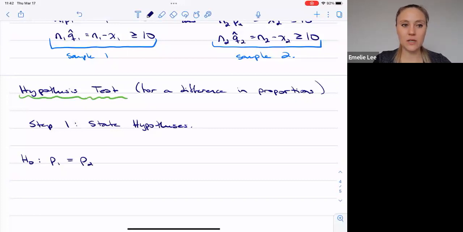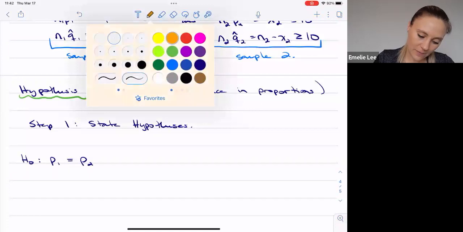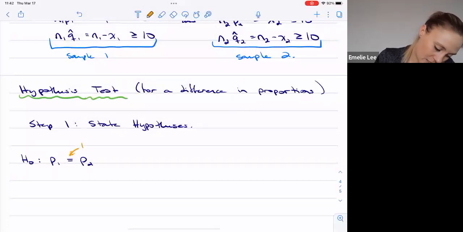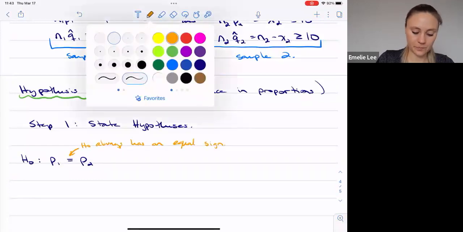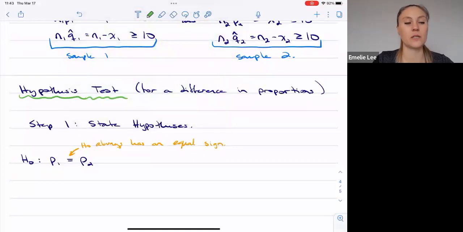A couple of things that we notice. Your null hypothesis, H naught, always has an equal sign. Maybe I should write that out in words: equal sign. What are some other things we notice?